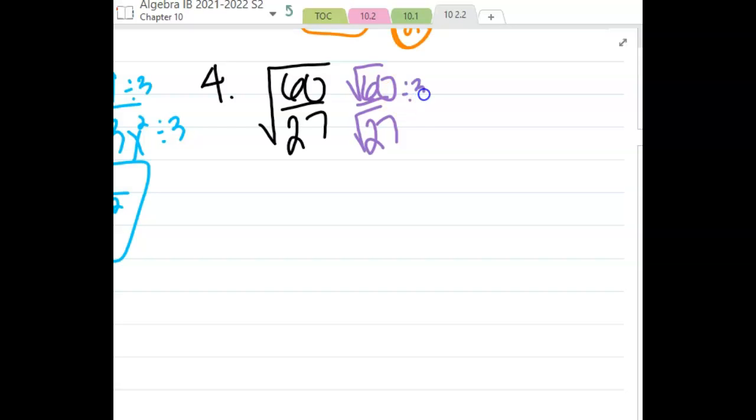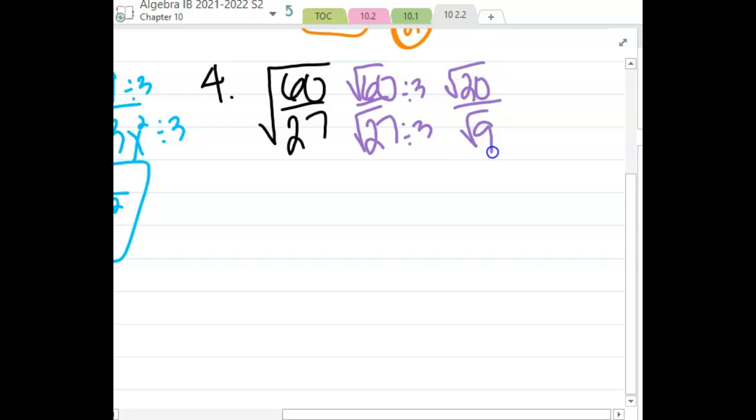Since they're both under the radical, just like you can multiply numbers under the radical, you can divide each of these by 3. You can simplify these. Now, when you do that, they still stay under the radical, but at any rate, at least they're smaller numbers.